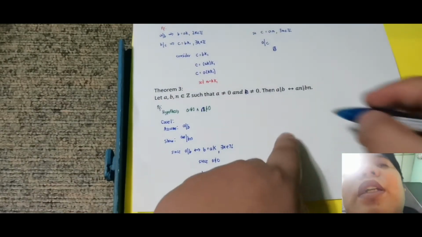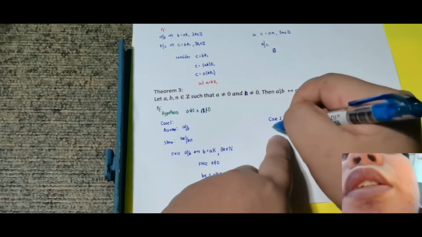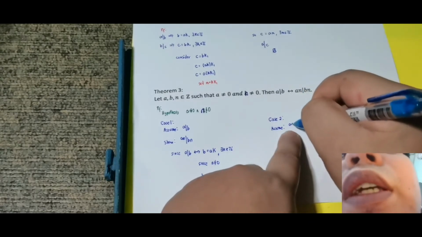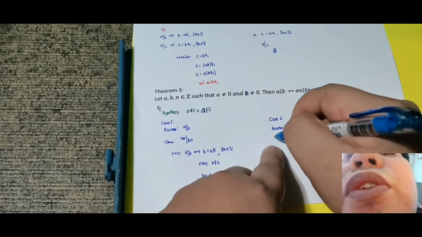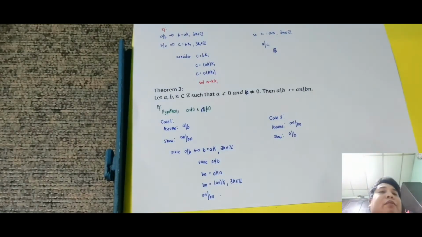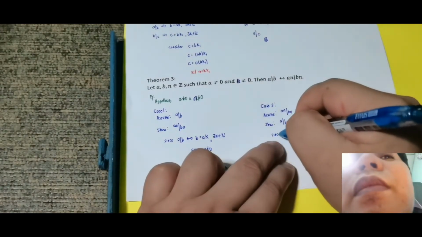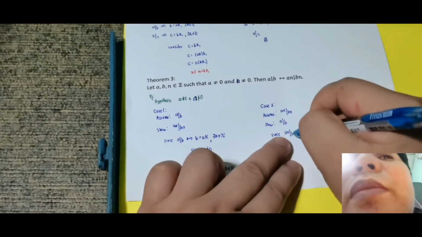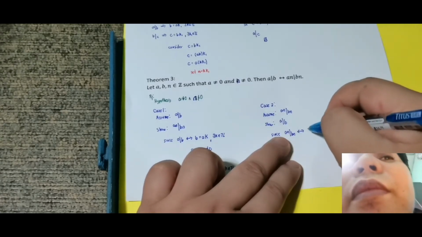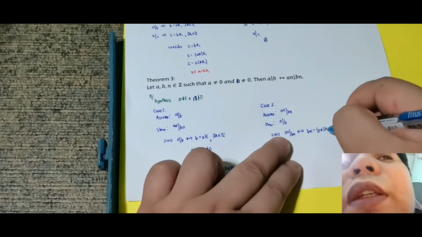Okay, so next is case 2. Case 2, assume AN divides BN. Show that A divides B. So, I think mas mabilis to. Mas madali to. So, since AN divides BN, this is if and only if, or implies, BN is equal to ANK.